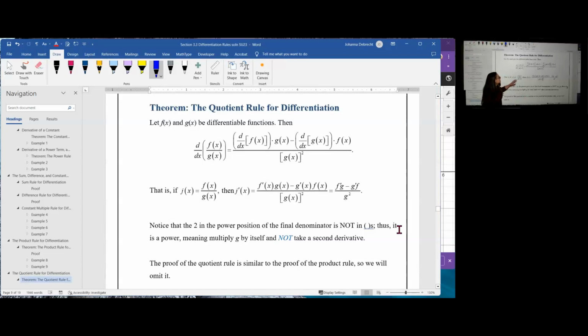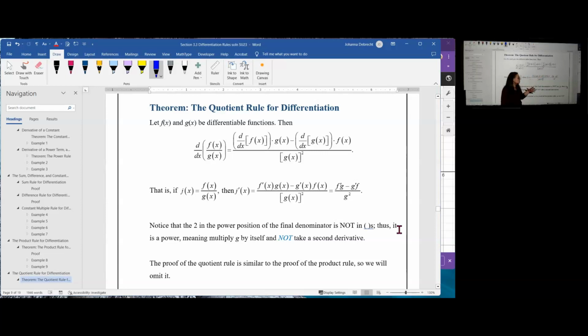So let's take a look at what the derivative of f divided by g is. It's the derivative of the numerator times the denominator function minus the derivative of the denominator function times the numerator, all divided by the denominator function squared, multiplied by itself.